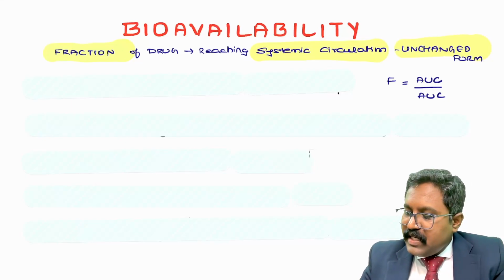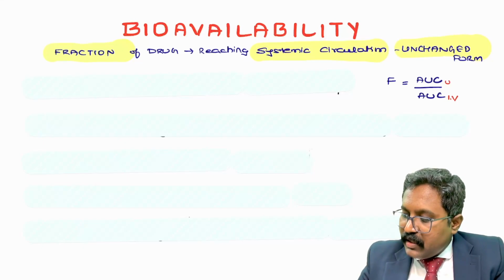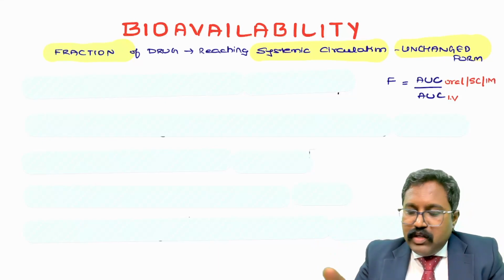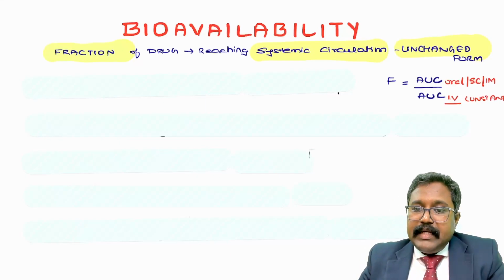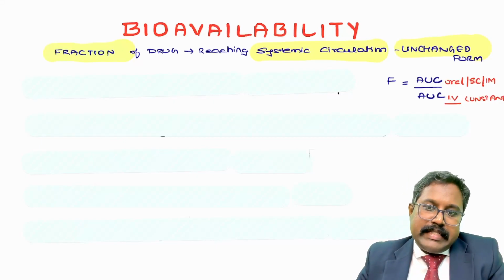The fixed one here is the area under the curve for the IV route, and the other is the area under the curve for oral, if it is subcutaneous, if it is IM, etc. So the denominator will be constant, whereas the numerator may change according to the route whose bioavailability you are checking.